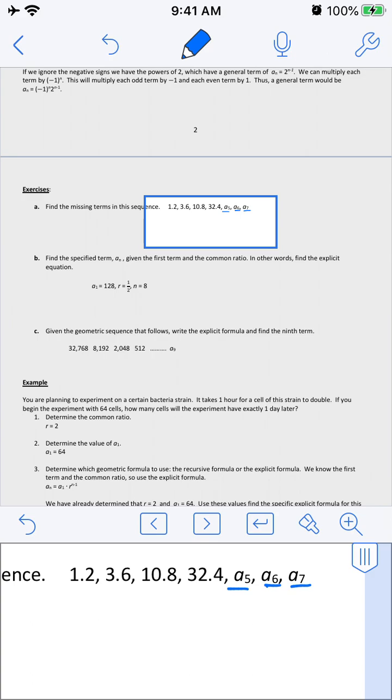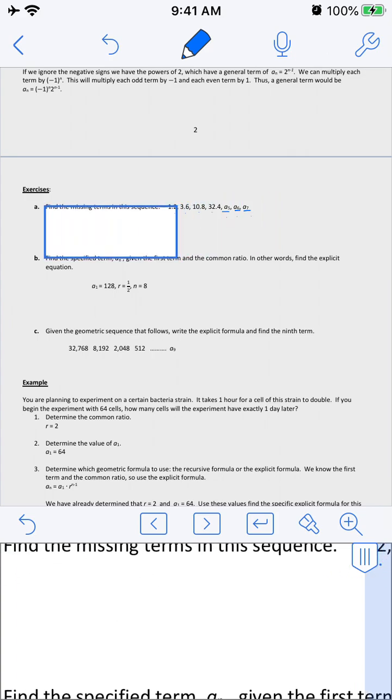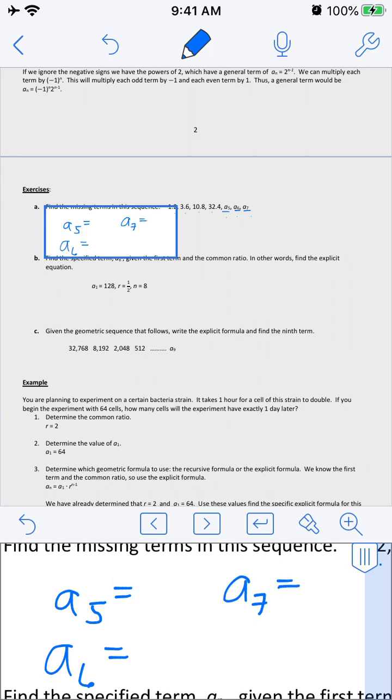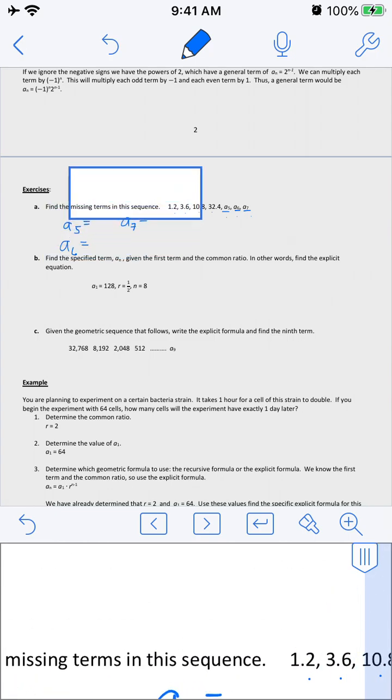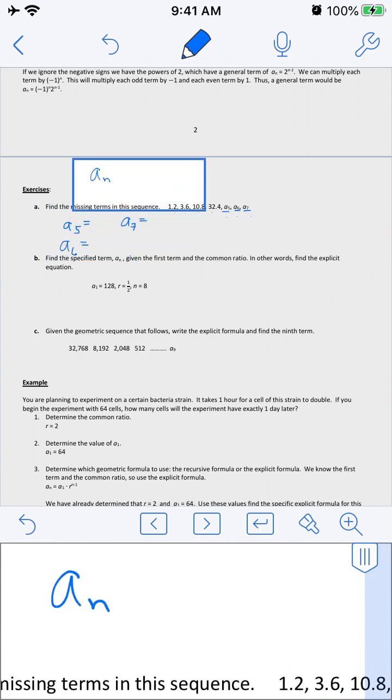Okay, now why 5, 6, 7? Because that's the place number. That's where you see 1, 2, 3, 4, oh, 5th, 6th, 7th. So for technical purposes, so we don't have to confuse ourselves, we're just going to use that subscript notation to talk about the place number, the term place number. In general, we give that n.